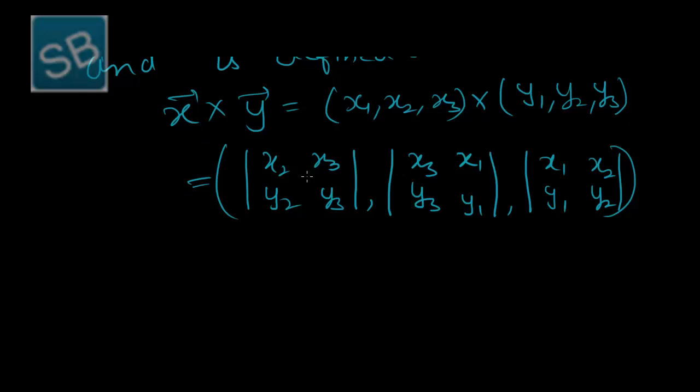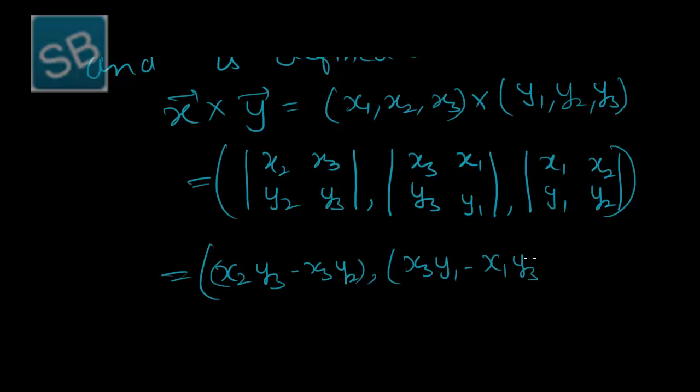If we have to find the first place, we should start with x2, x3, then second x3, x1, then x1, x2, and we get (x2 y3 minus x3 y2), comma, (x3 y1 minus x1 y3), comma, (x1 y2 minus y1 x2).